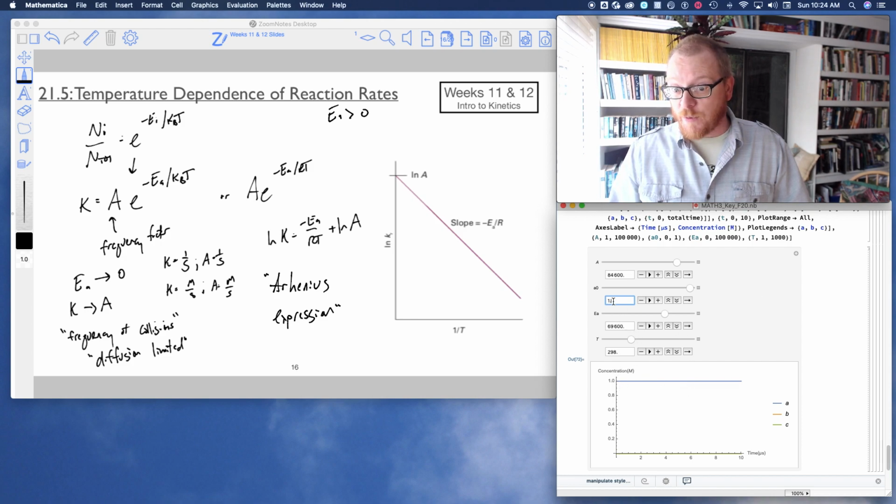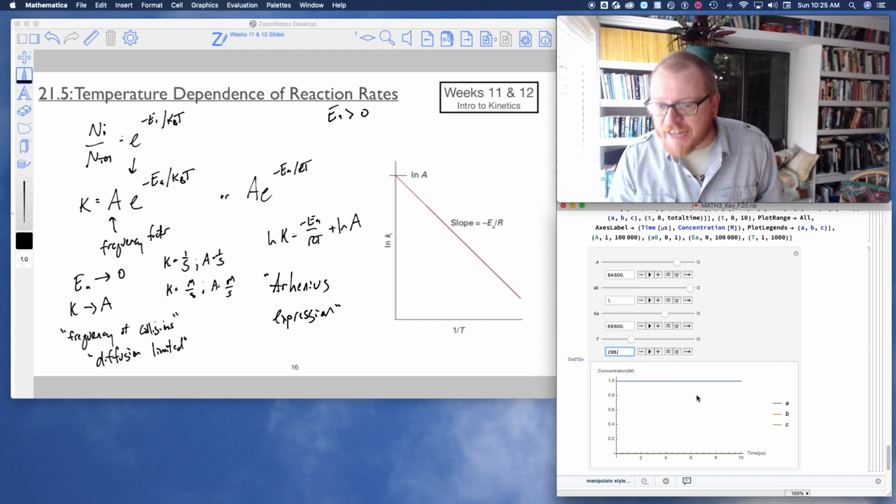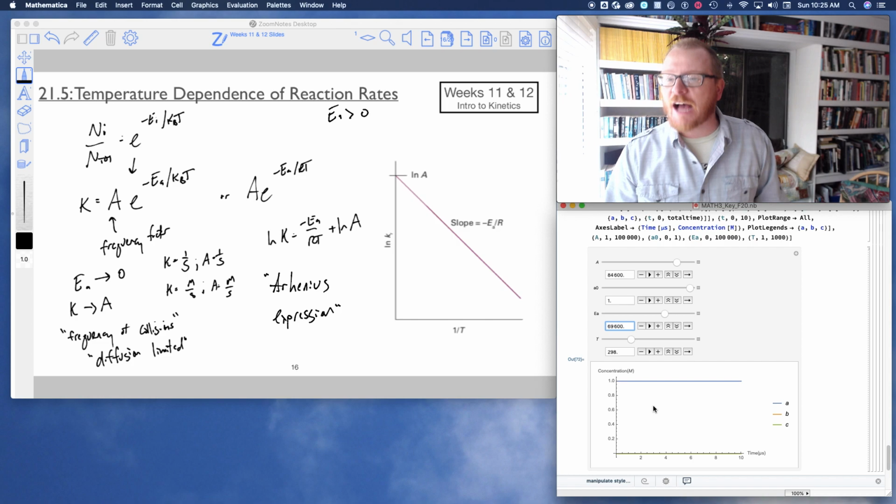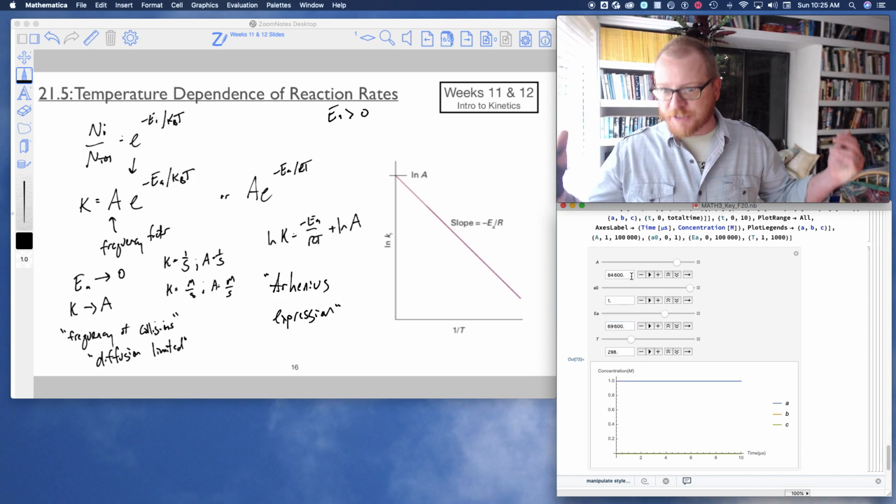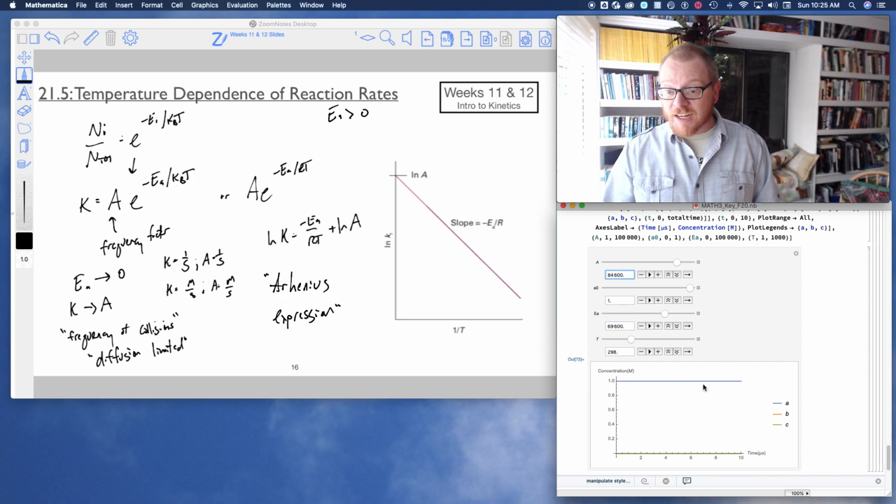So we said A initial is 1 molar, and look, there's no reaction. And this is awesome. Look, at 298 Kelvin, with the 70 kilojoule activation energy, and whatever this frequency factor means, it's not enough to make a reaction, right?